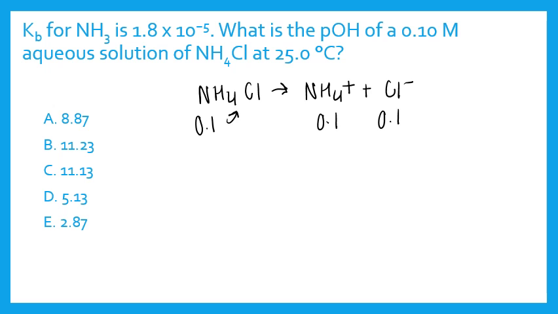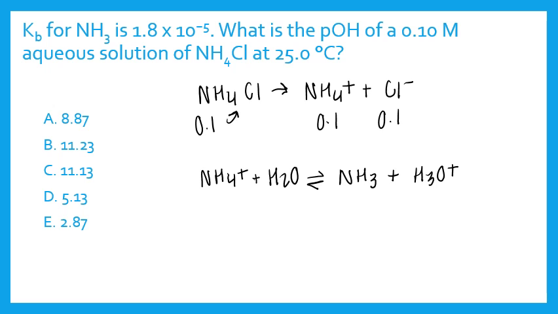complete dissociation, 100% dissociation. So we know we have NH4+ plus H2O yields NH3 plus H3O+. So what it told us is we have Kb. So that's when you're starting with NH3, when you're starting with your base.